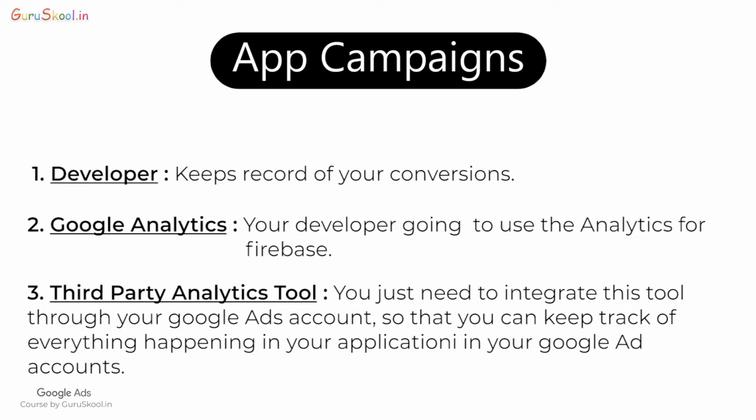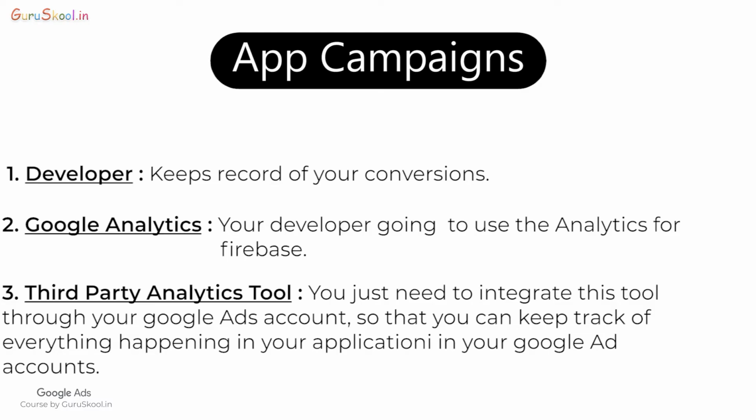Of course, once again, you would require the help of your developer, because he is knowledgeable about that. He knows some coding about that, and he will let you know how you can keep the records and keep track of each and everything. He will help you to install and set up everything. So this was about your app campaign and how you can keep track of it.